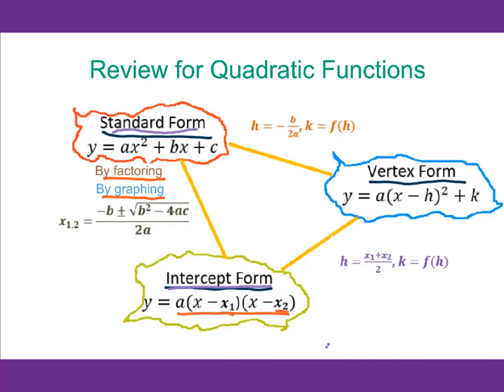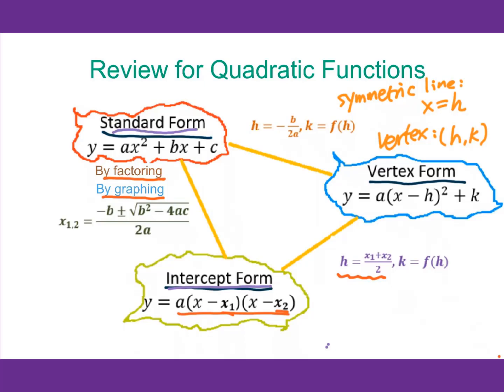As we know, for the vertex form, the vertex is (h, k). And x equals h, we call this the symmetric line. And for this symmetric line, x equals h, this h equals (x1 plus x2) over 2.